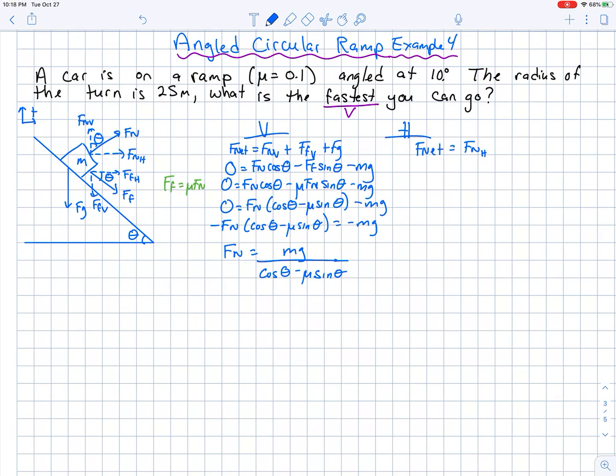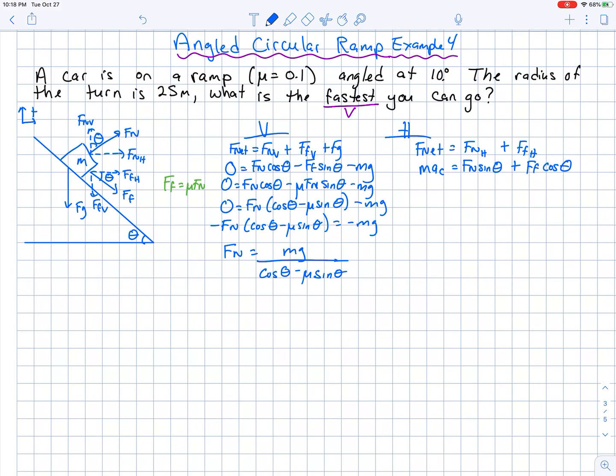So now we're going to go over to the horizontal side, and our balance here is F net is equal to the horizontal component of the normal force plus the horizontal component of the frictional force this time. In this case here, we have the centripetal acceleration, so this is mass times the centripetal acceleration, and we'll go ahead and work out the horizontal components for normal and friction. So we get Fn sine theta, and the frictional force is actually positive in this case because it's going to the right.